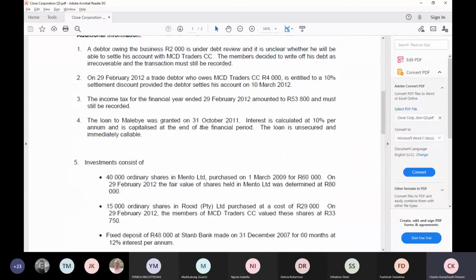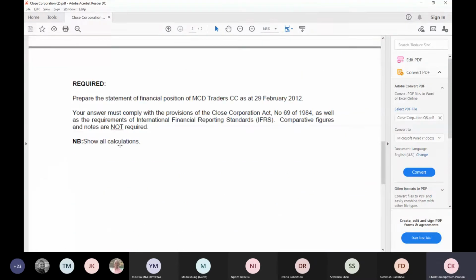Let's go to the required section. The required section says, prepare the statement of financial position of MCD Traders Closed Corporation as at 29 February 2012. So let's go to our solution.